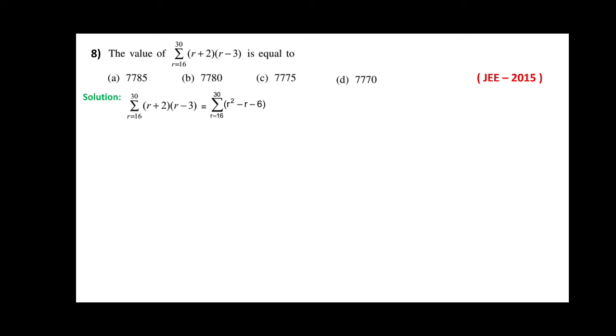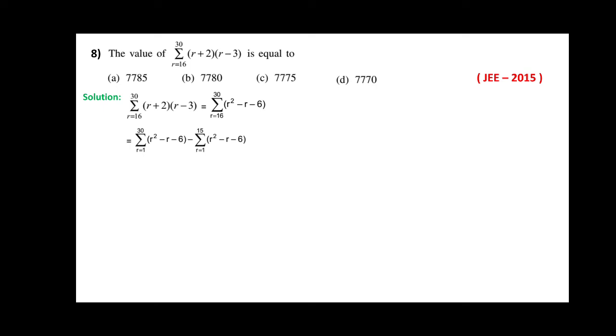We can take this summation as it is, and now we can write this summation in two parts. R starts from 16 and goes up to 30. So, I have to write this as the summation from 1 to 30 minus the summation from 1 to 15, right.